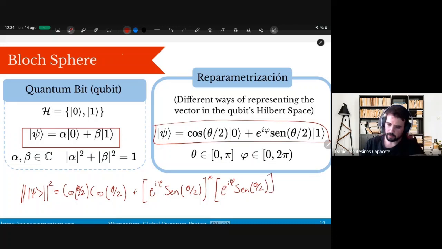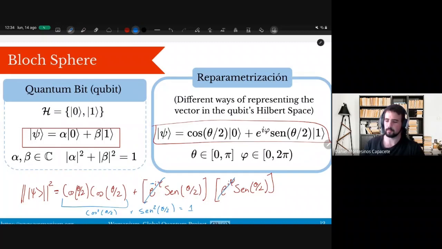So at the end, you get this square, and also the complex conjugate, you get here a minus sign, and this cancels with this guy. So at the end, you get this, and using basic trigonometry, this is 1, right?